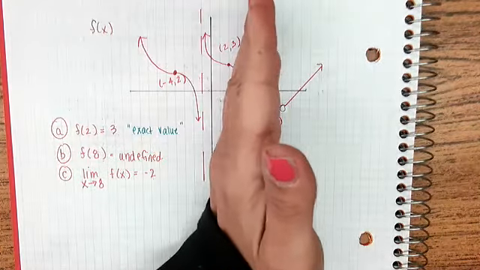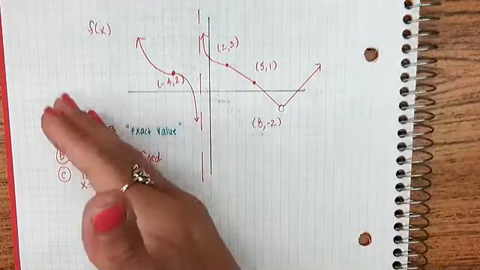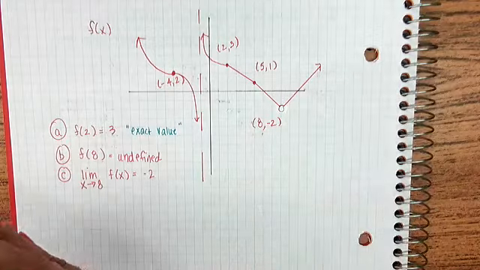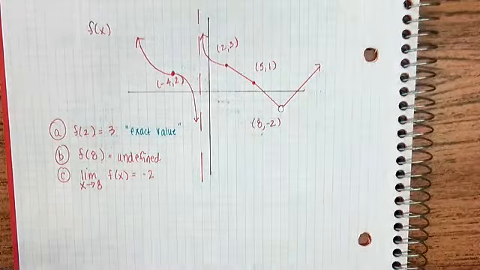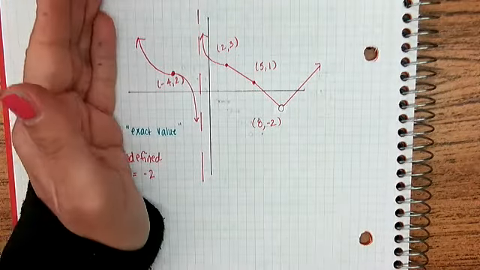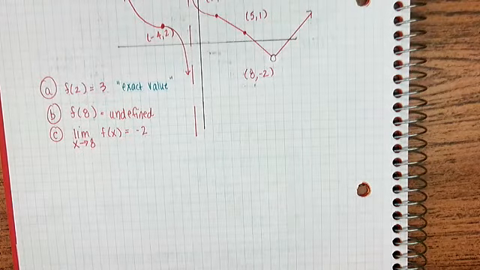I'm approaching 8 from the left. Don't be confused. My hand is moving towards the left, but it's my right hand. So those are called right hand and left hand limits.